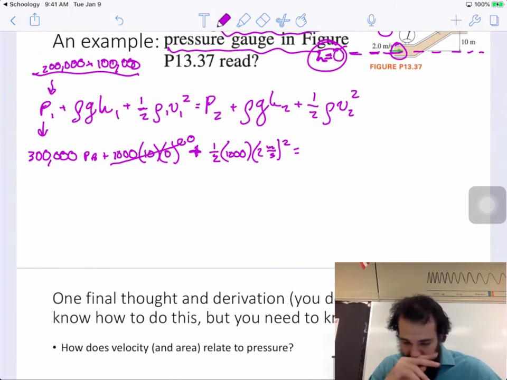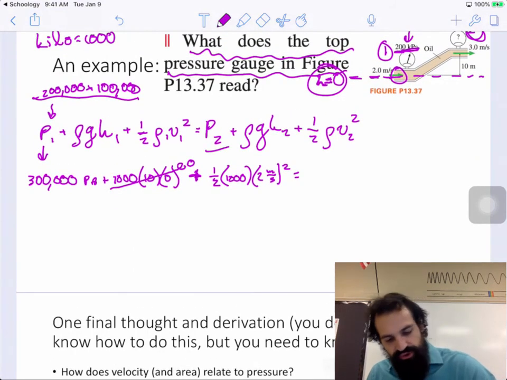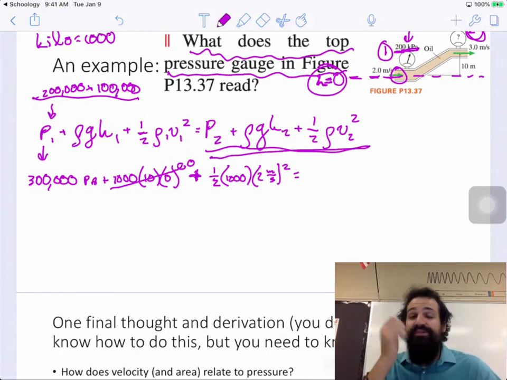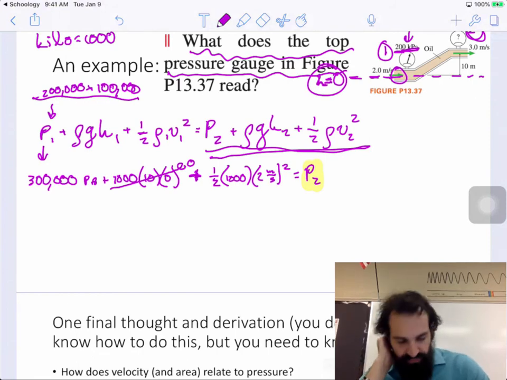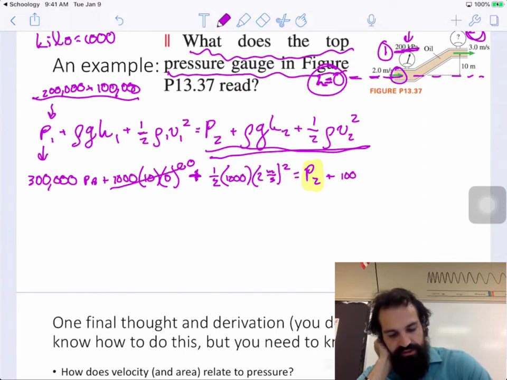And set it equal to the Bernoulli's total pressure on the right side, or at position 2. So pressure 2, that's what we're trying to solve for. So I'm actually going to highlight that so I don't forget. So pressure 2, what we're trying to solve for, plus the potential at 2, 1,000 times 10 times the height at position 2.